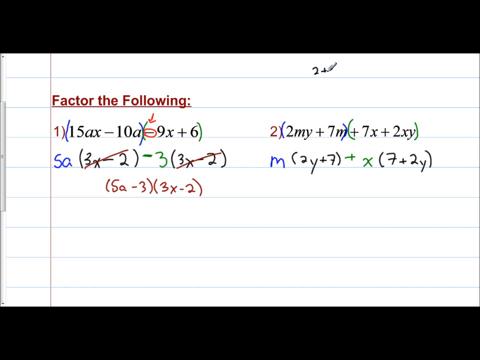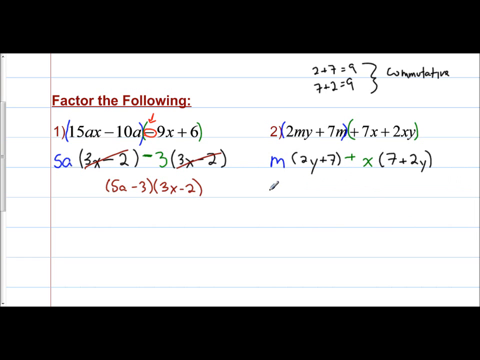If I have 2 plus 7, I get 9. If I have 7 plus 2, do I get a different number? The answer is no. And this is our idea of the commutative property. Addition is commutative. It doesn't matter the order that you add numbers, you're going to get the same result.